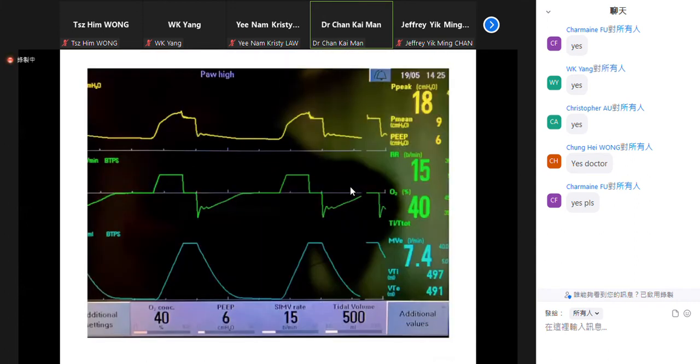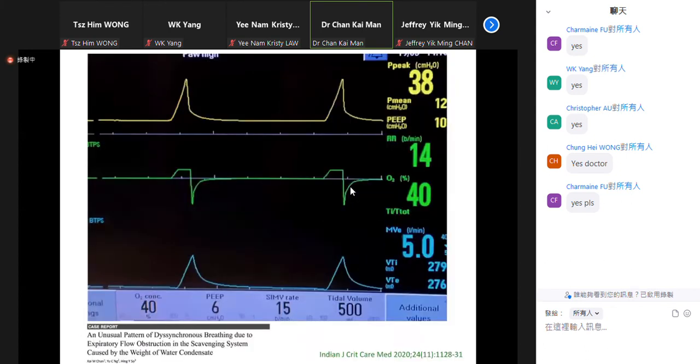So we tried to prove it. We used the ventilator, and this is the waveform, and then we slowly poured in water in 50 mL increments, and when the volume reached 800 mL, we observed a sudden change in the pressure time curve.